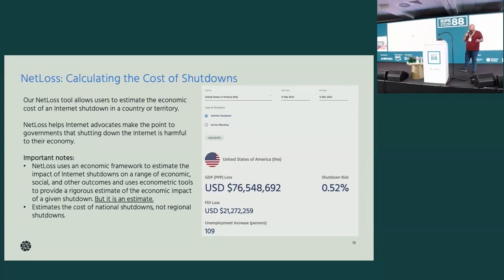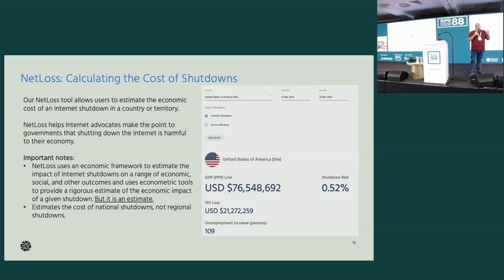All you need to do is select a country, start date, end date of the shutdown, whether it is a total internet shutdown or specific service blocking, and it will give you an estimate of what that shutdown would cost per day.